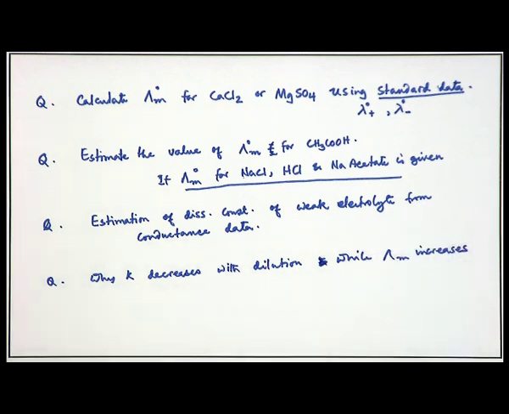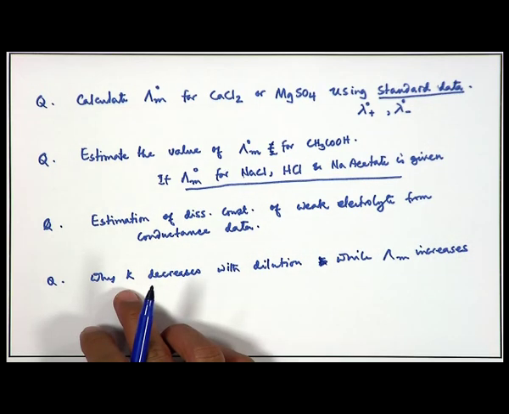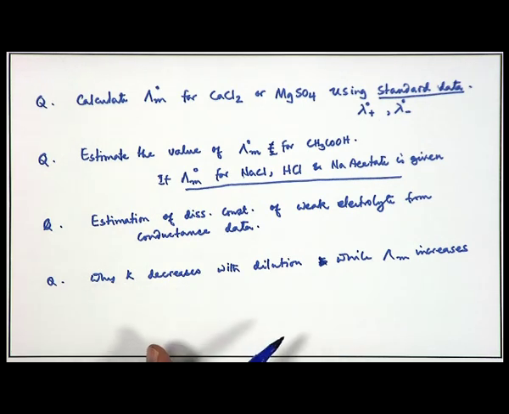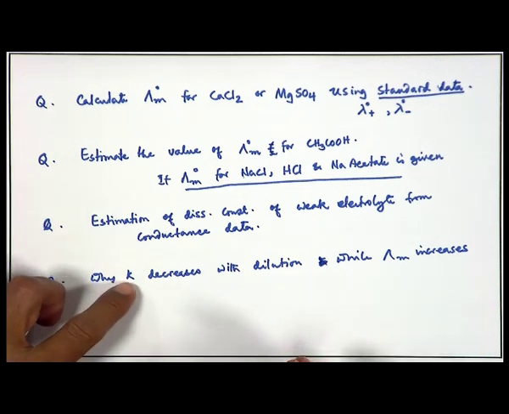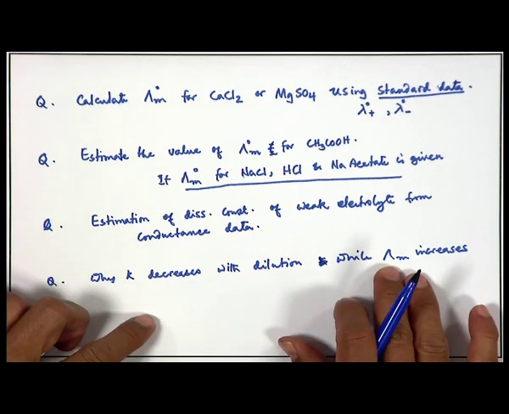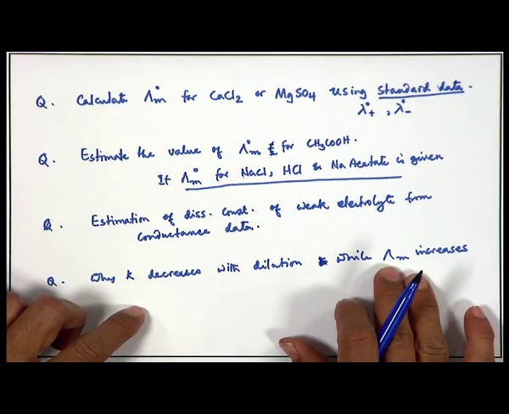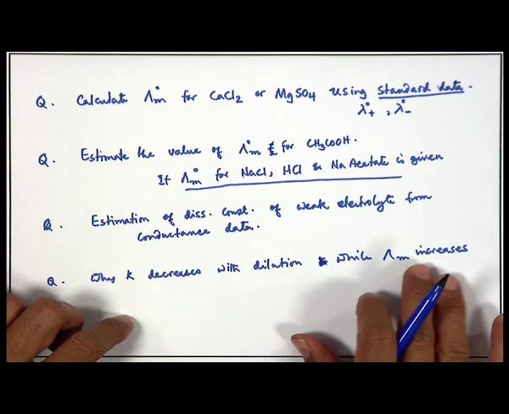I have already explained that kappa is related to the number of ions present within unit cube. If you dilute, the number of ions within unit cube decreases, so kappa decreases. But lambda m is nothing but kappa into volume.